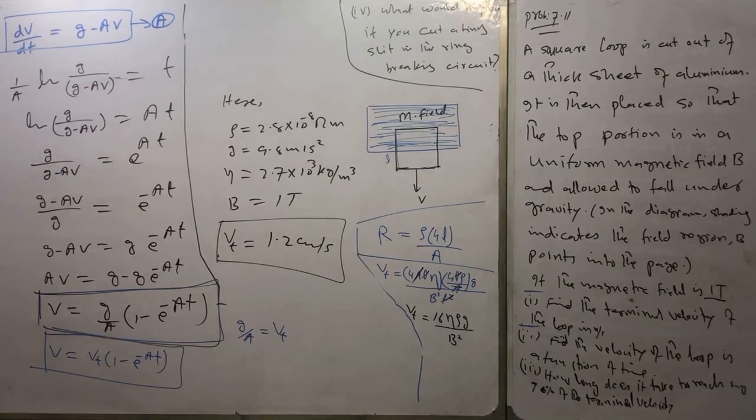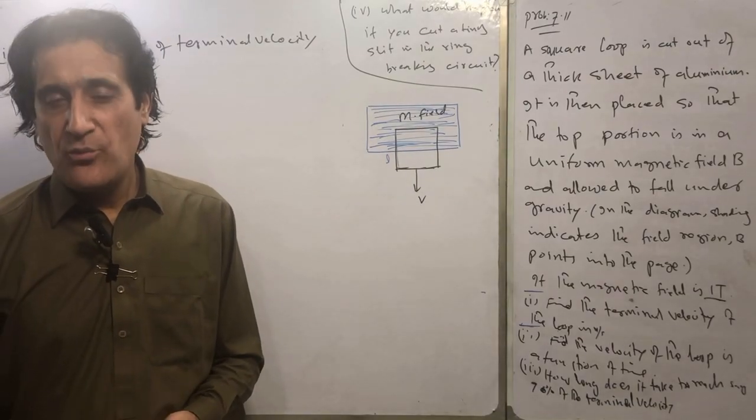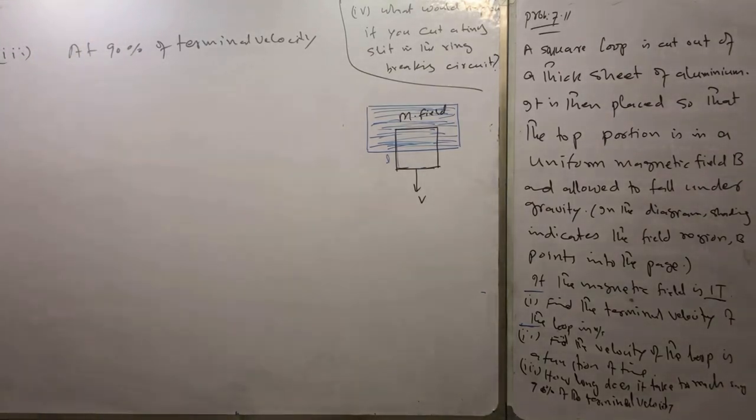Now the third part is to find the time when the velocity reaches 90% of the terminal velocity. Then how is it possible and how can we calculate this?